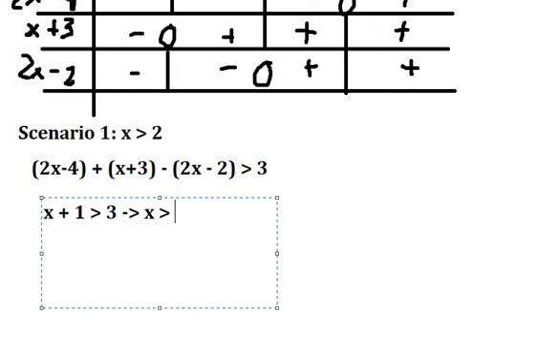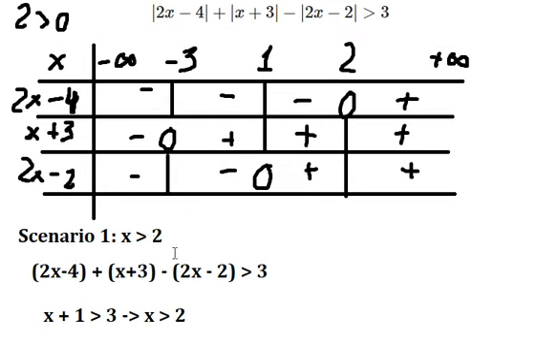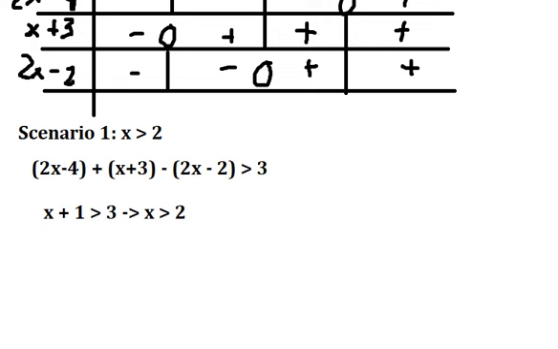So s is greater than number 2. So we combine scenario number 1, s is greater than number 2, with s is greater than number 2. We can say that s is greater than number 2 because the two conditions are the same. So we can accept this one.